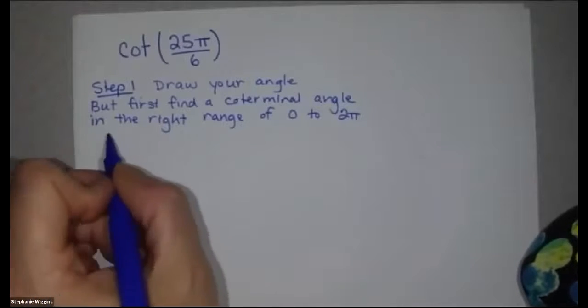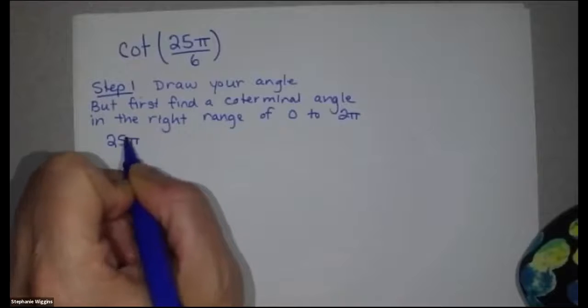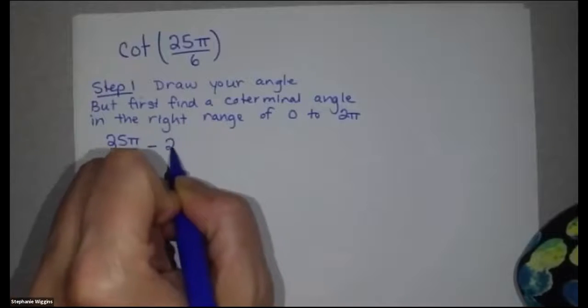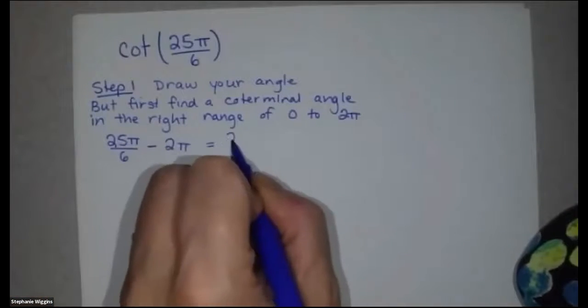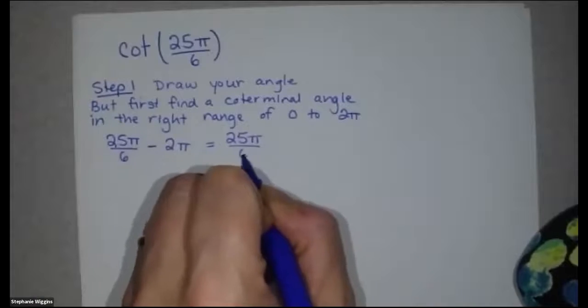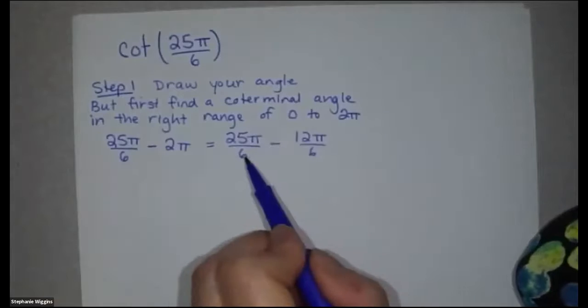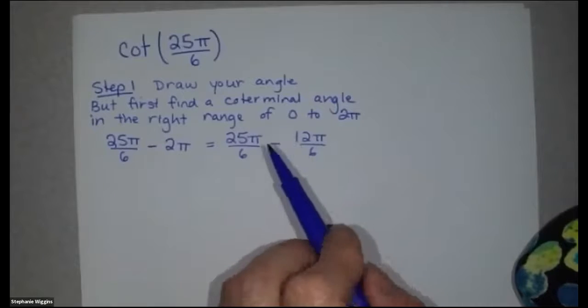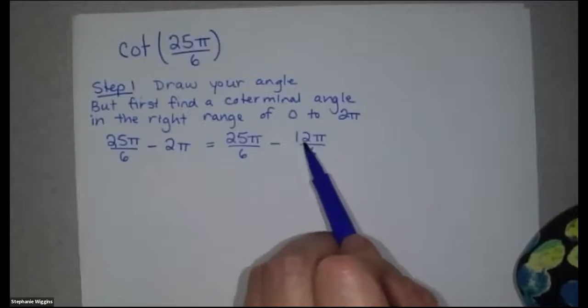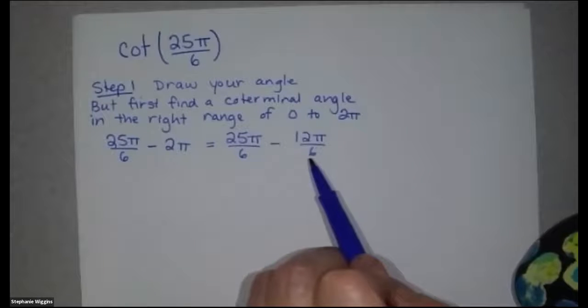So here I take 25 pi over 6 minus 2 pi. That's going to be 25 pi over 6 minus 12 pi over 6, right? I have a common denominator here. 2 pi is the same as 12 pi over 6, okay?